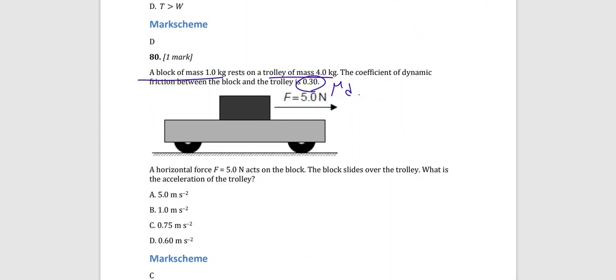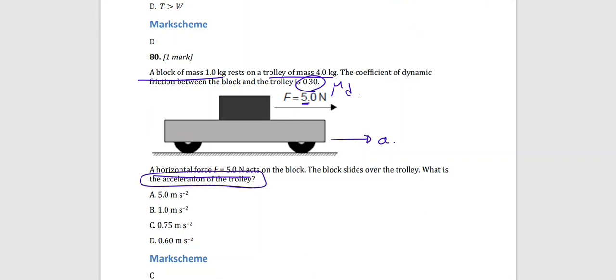Now a horizontal force of 5 Newton acts on the block. The block slides over the trolley. I need the acceleration of the trolley, not the block.